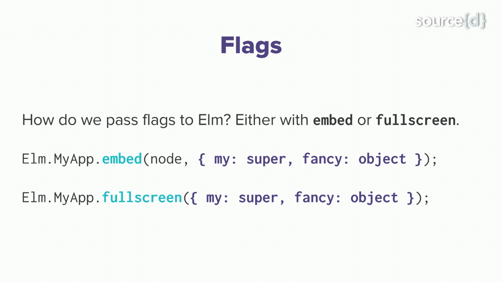One is Elm.whatever your module is named.embed, which is to put the app in a node on the DOM, and fullscreen, which just appends it to the body. And we just have to give it whatever we want to pass as flags as a second argument here or as the first here. And that's just how we pass flags.